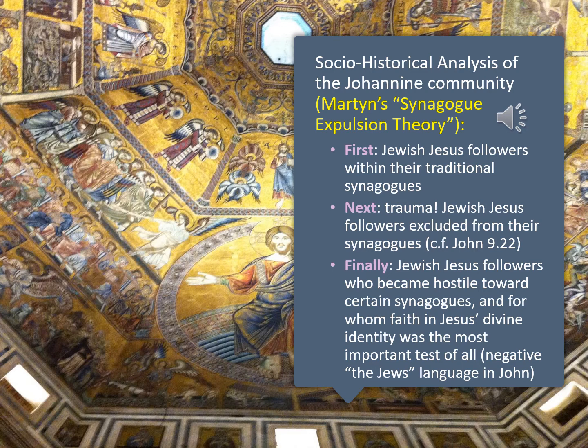And the three stages of this community's experience, according to Martin, and then many or even most scholars after him, go like this. First, the Johannine community, the community that gave rise to this particular gospel, consisted of a bunch of Jews who followed Jesus.